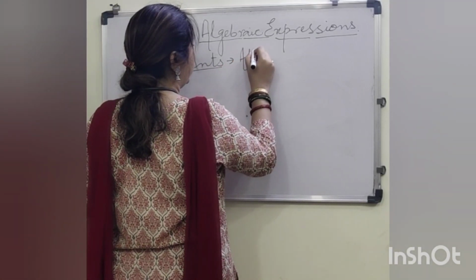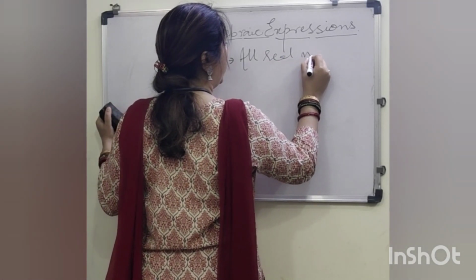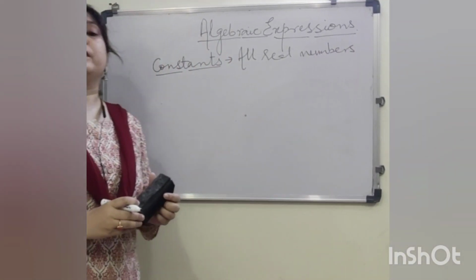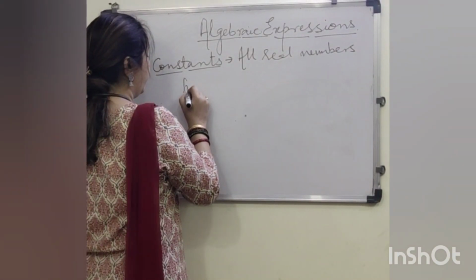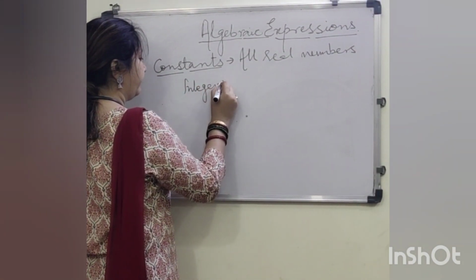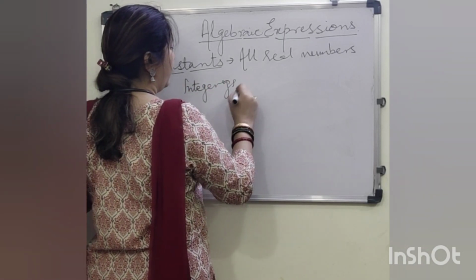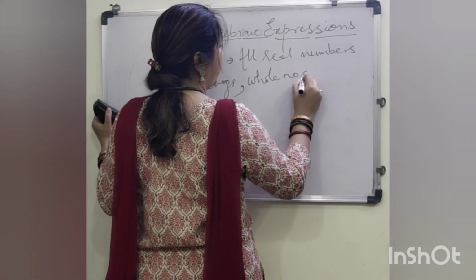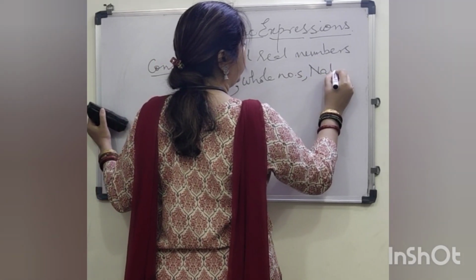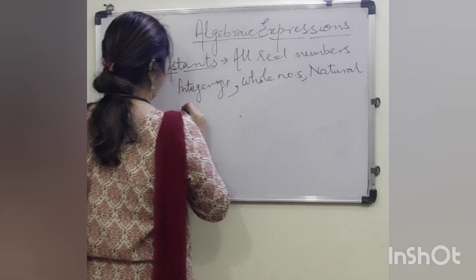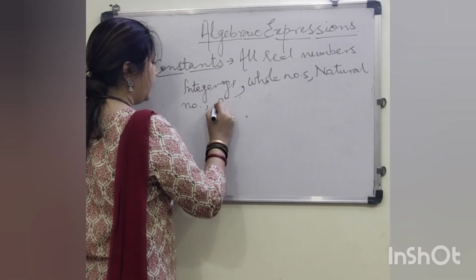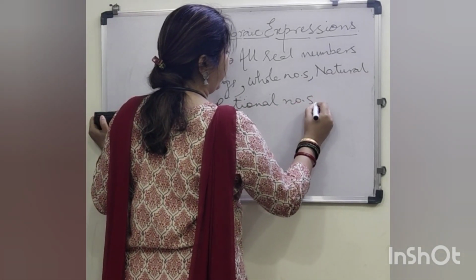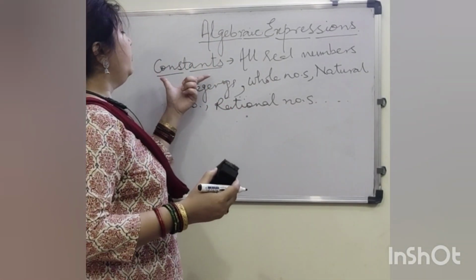All real numbers are known as constants, whether they are integers, then whole numbers, natural numbers, rational numbers, etc. These are all used as constants.